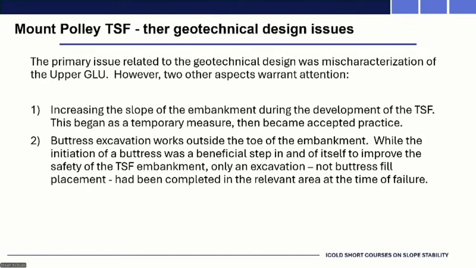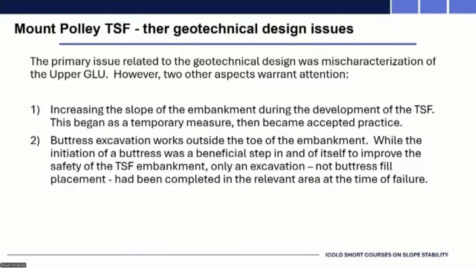But it probably worked because the foundation was still in an over-consolidated state, but then it became an accepted practice. This term normalization of deviance. They carried it out, it seemed to be okay, so you just kept going with the steeper slope. But now you're starting to transition to normally consolidated.